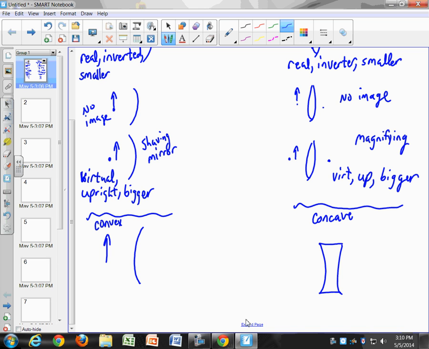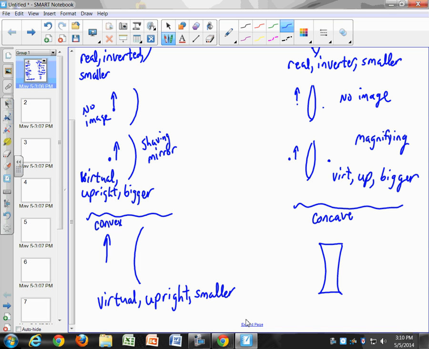Both of these produce virtual, upright, and smaller images. In all cases, it doesn't matter where you put the object. They're always going to produce a virtual, upright, smaller image. This is like a security mirror in a store.